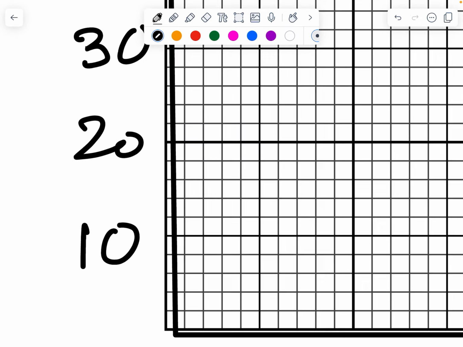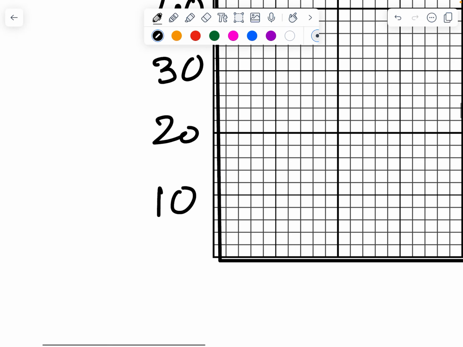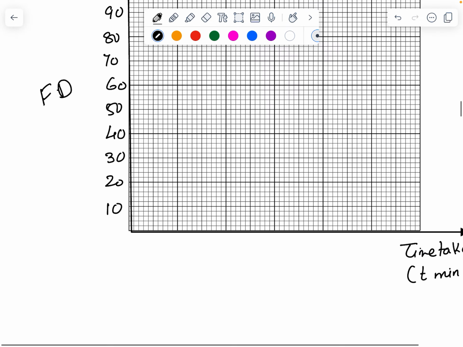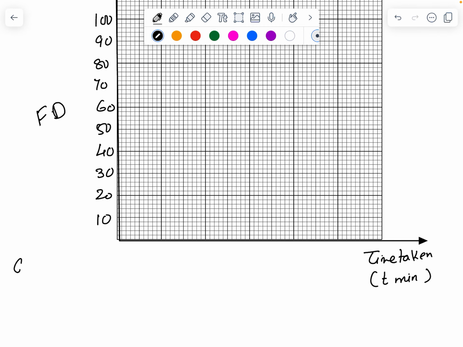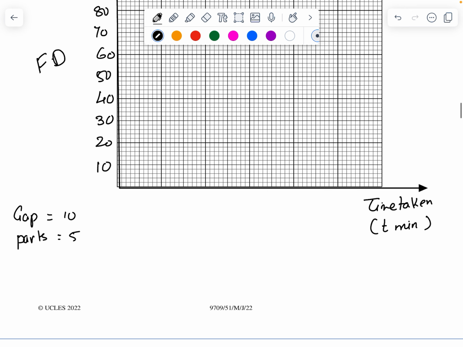So you can see that the gap is 10 and there are 5 parts. So each part is going to be 10 divided by 5, which is 2.